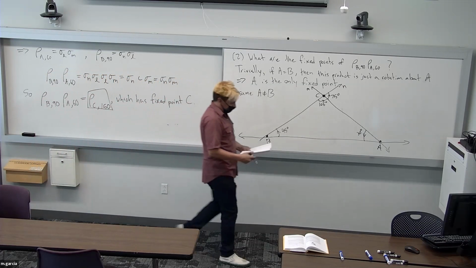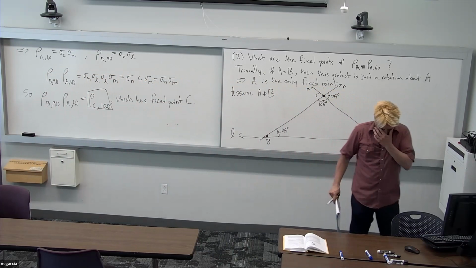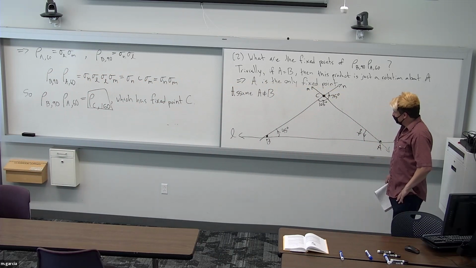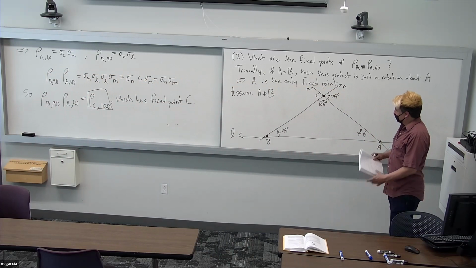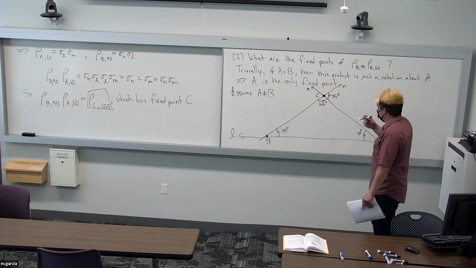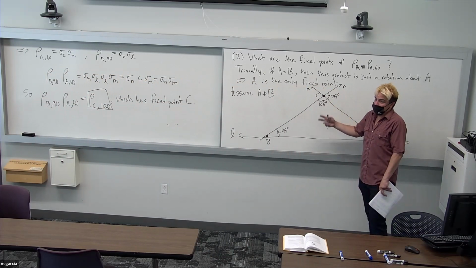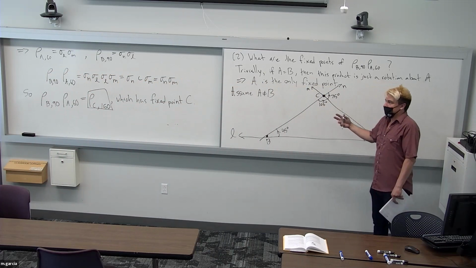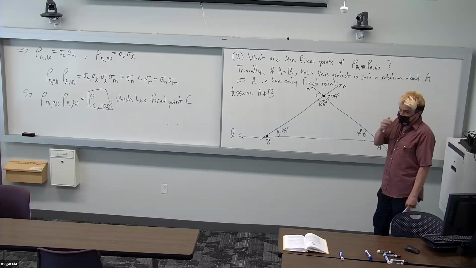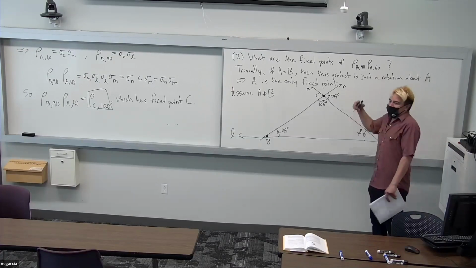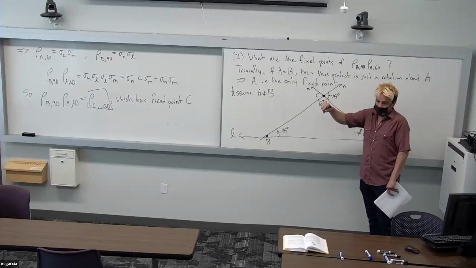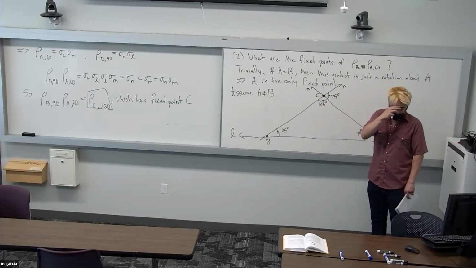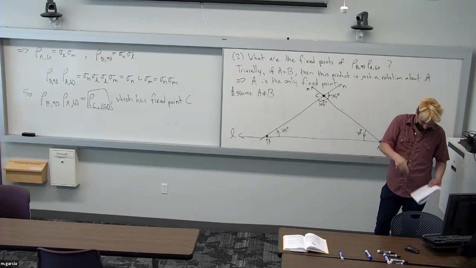All important. Remember that the angle between lines that specify the reflections that a rotation is comprised of is half the angle that the rotation goes through. Right, very good. Sorry about that, and thank you, Keenan.